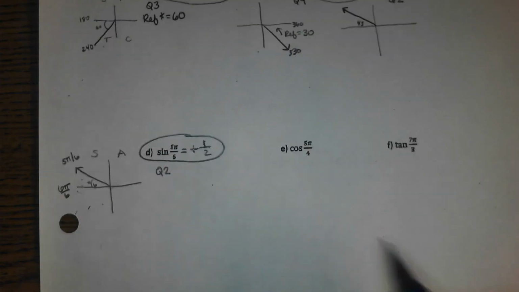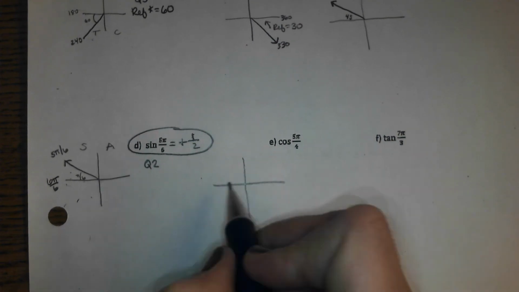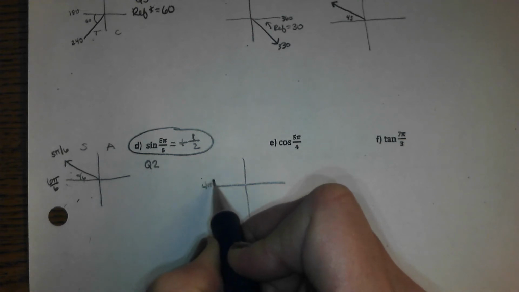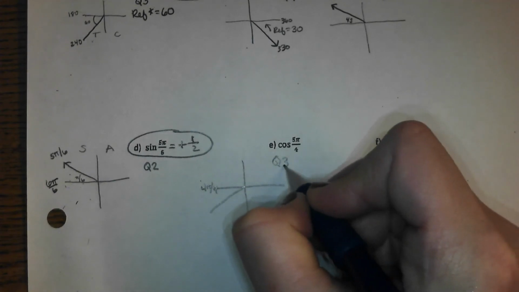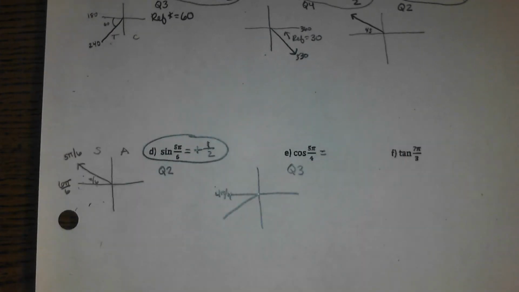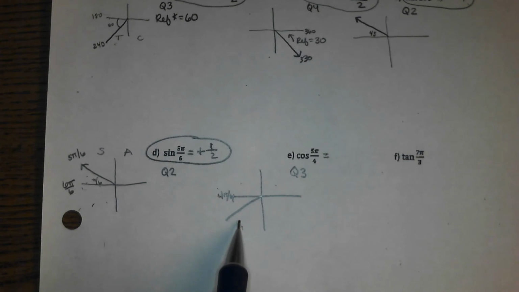Vince, what quadrant are we in with 5 pi over 4? Very good, because this is 4 pi over 4. So 5 pi over 4 would be one tick past that. So Eric, is this going to be a positive or a negative? All students take, right? So only tangent would be positive.